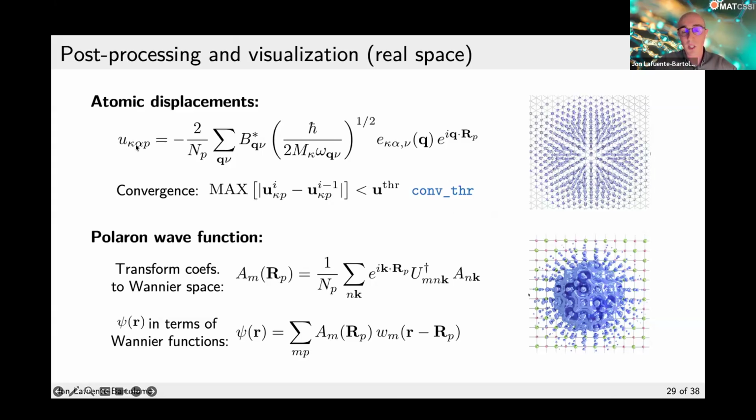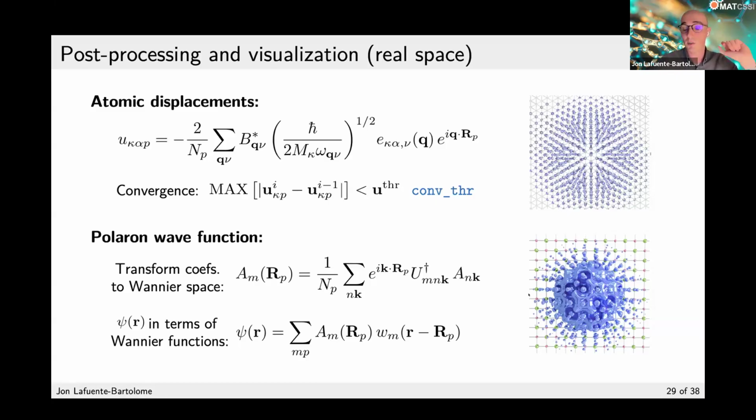And actually, this is very useful for us because it's a real quantity and it's very useful to compare and to set the threshold for the convergence. And this is what is actually done in the calculation. So convergence is set when the difference between the maximum displacements between one iteration and the previous one is lower than a certain threshold.